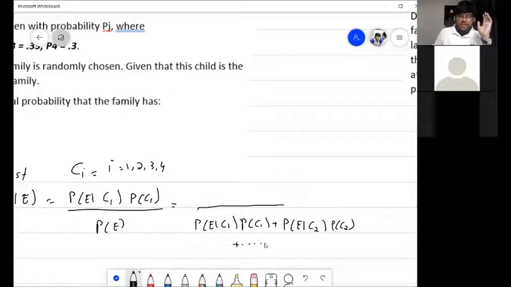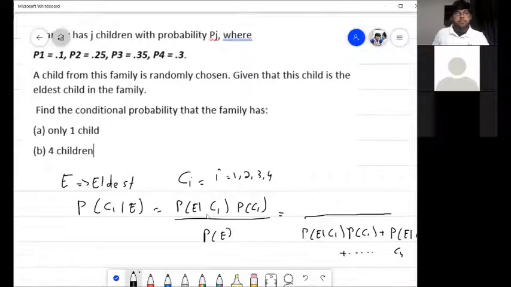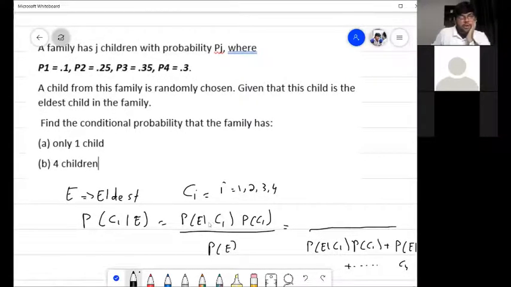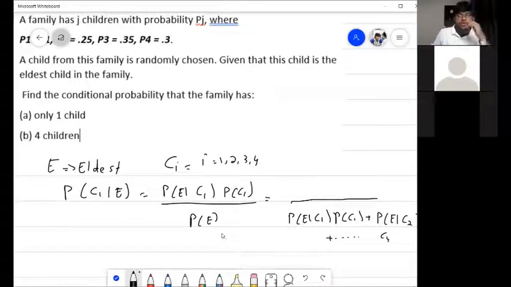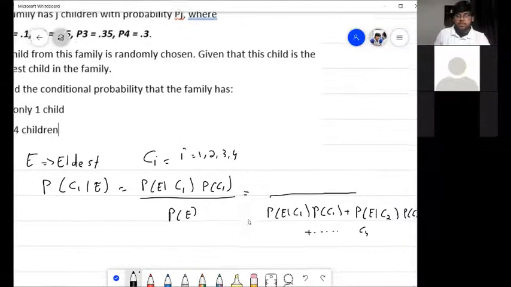I'm not going to write the entire thing, but this will go to like C4. Okay, that is one thing I just needed to tell you. And based on the values they've given me in the question, P(C1) is equal to 0.1. Okay, so can anyone tell me what will be the probabilities for the denominator bit here?